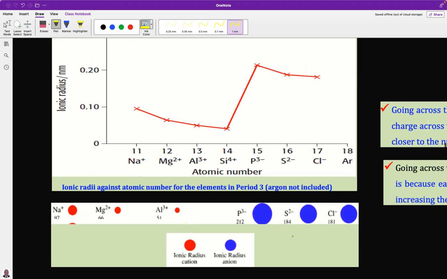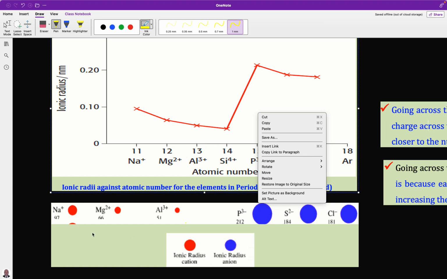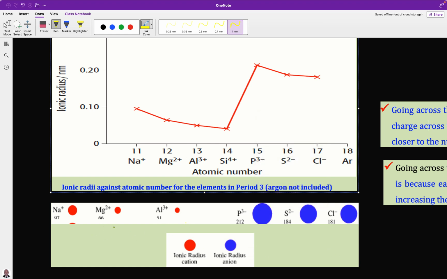So you should be able to interpret this and interpret your curve. You could be given figures, you could be given symbols like this, or you can draw circles like this or balls like this to interpret. If you are given curves like this, you should interpret. And then you should interpret why there is a decrease right down here.